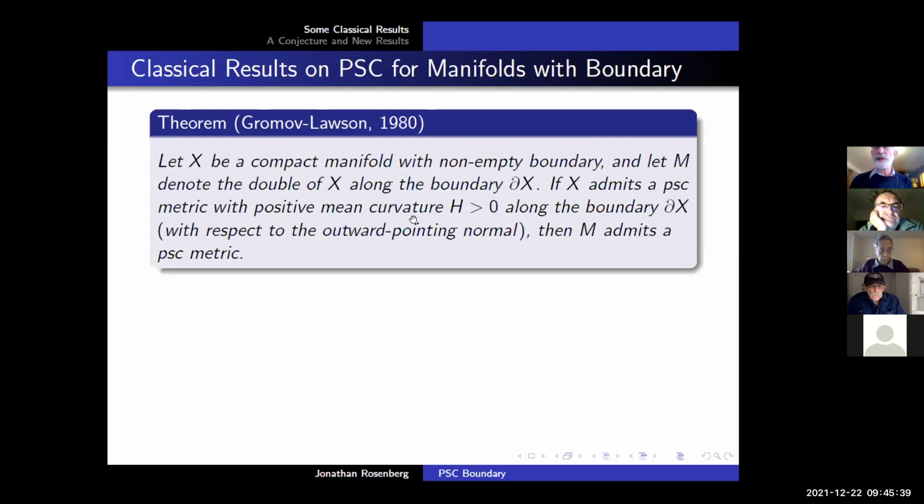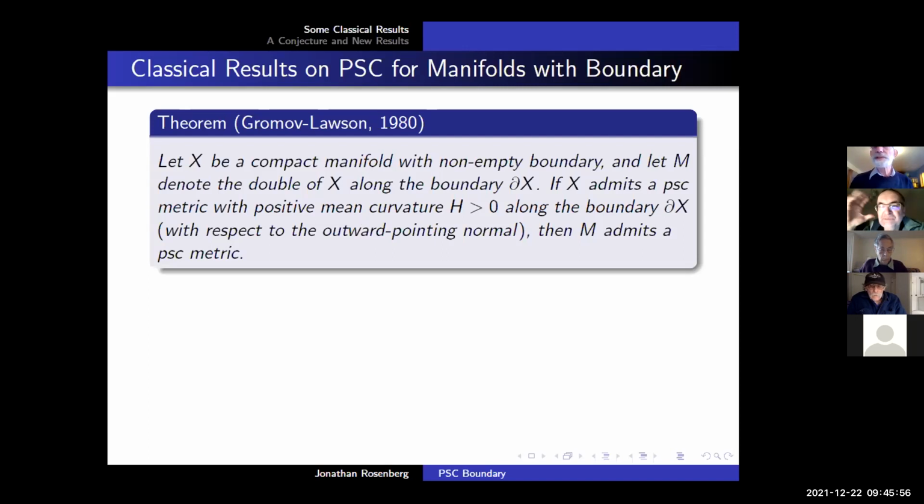That's what I mean by positive mean curvature. Some people, unfortunately, have exactly the opposite sign convention. So the literature is very confused on this point. But that's what Gromov and Lawson meant, and that's what we mean as well.